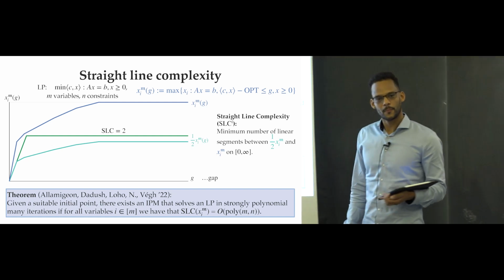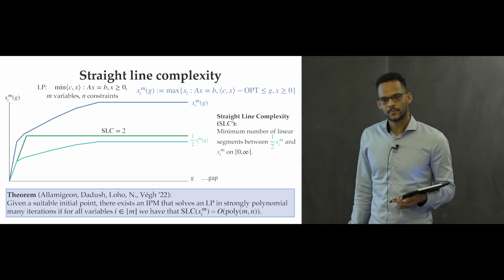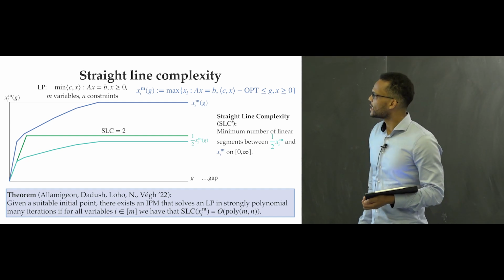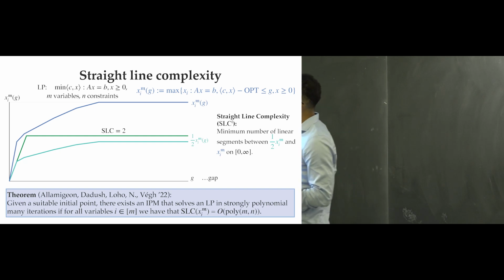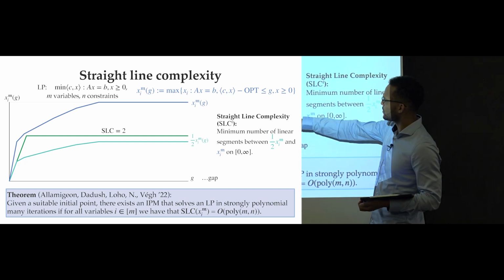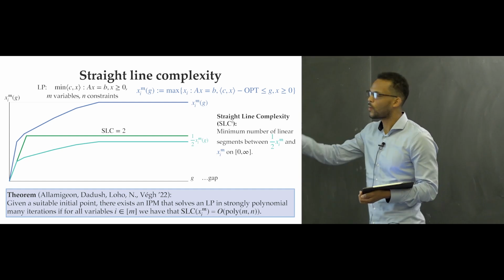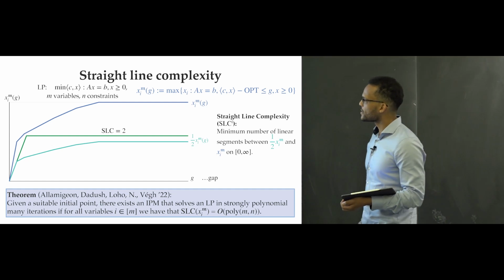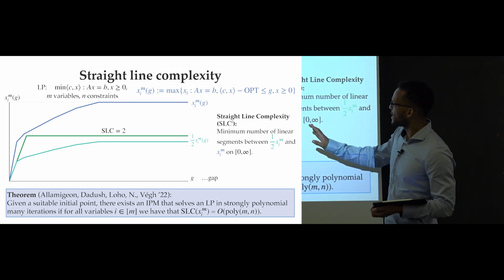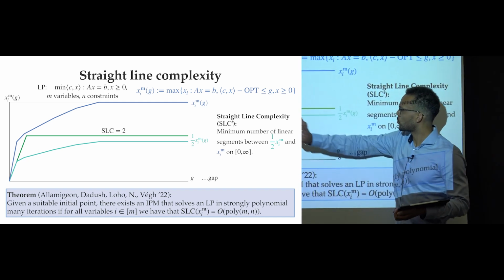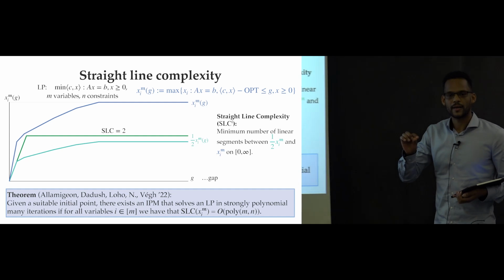Okay. And you sort of fix some constant, like half, that you use for all the variables? Yes. So it turns out that if I would choose a different factor than 1/2, let's say I pick some factor y to scale it down, then the SLC would change with the logarithm of y.